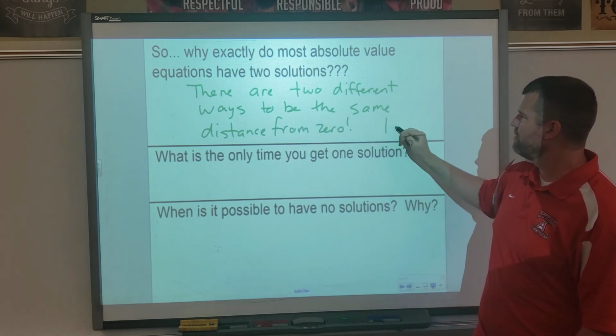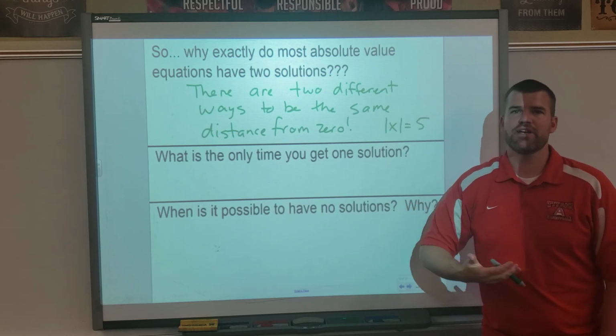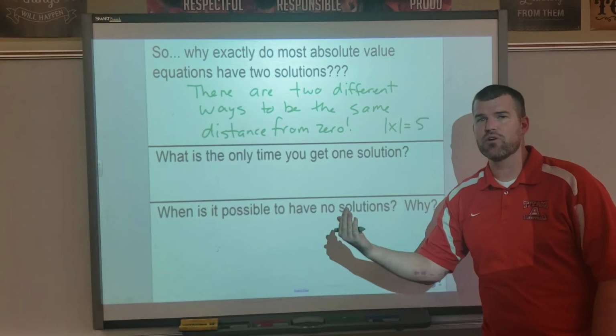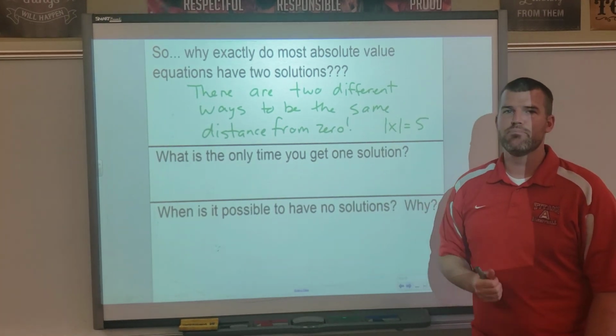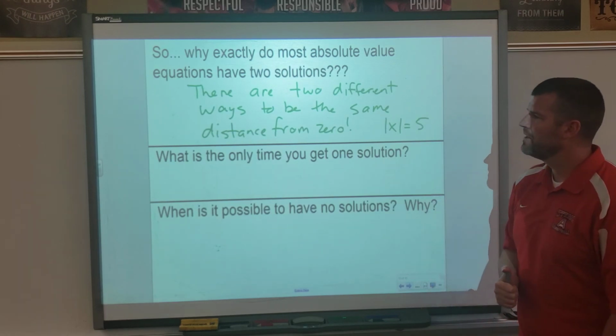For example, if our distance is 5, the 2 ways we can have a distance of 5 from 0 are to be at -5 or to be at +5. Both of those numbers have a distance of 5 from 0.